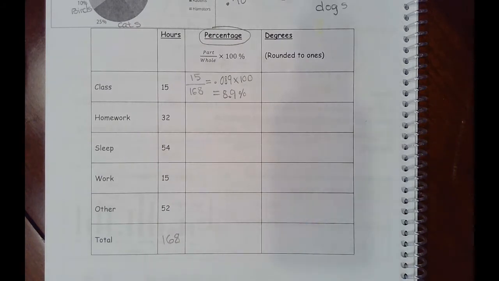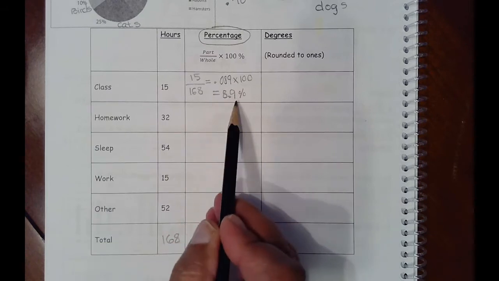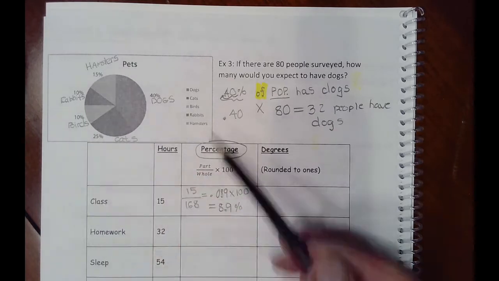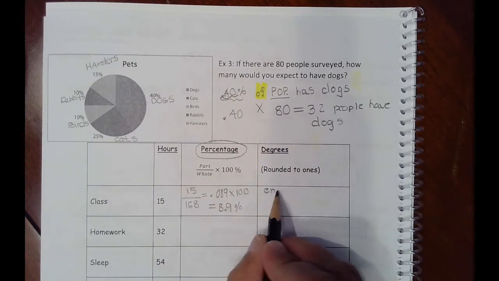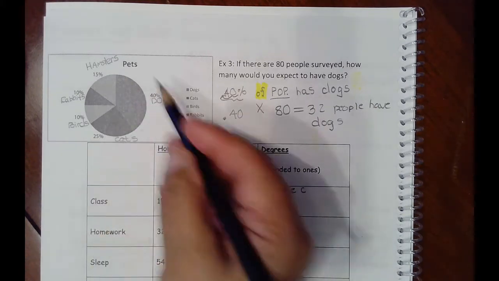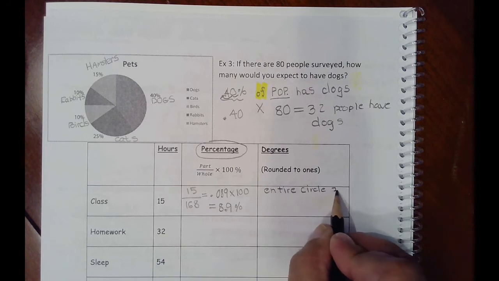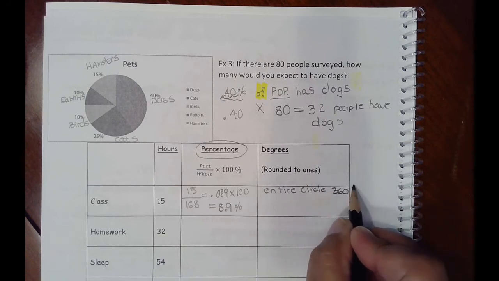Okay, when you want to say how many degrees is 8.9% of an entire circle? Again, when you go around an entire circle, which is what a pie chart is shaped like, you're talking about 360 degrees total.